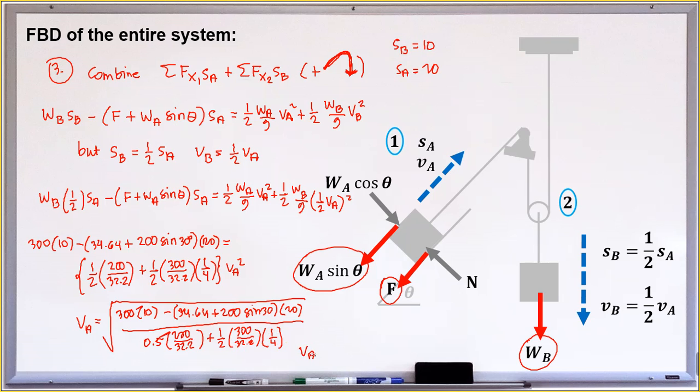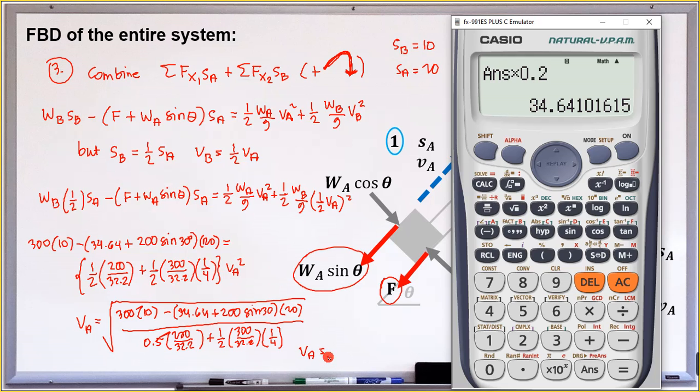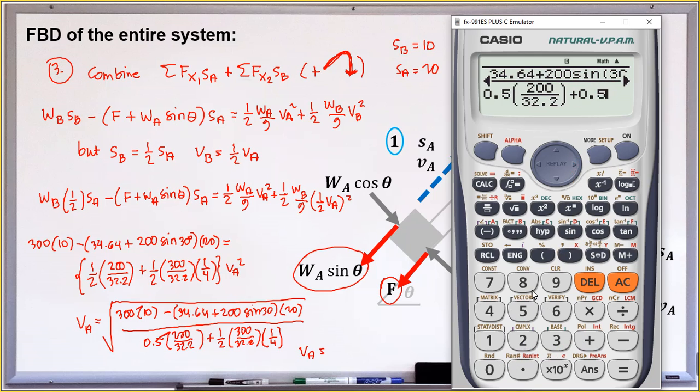Okay, what is the velocity of A? We have 300 times 10 minus 34.64 plus 200 sine 30, times 20, then 0.5 times 200 divided by 32.2, plus 0.5 times 300 divided by 32.2, times 0.25 for the 1/4.